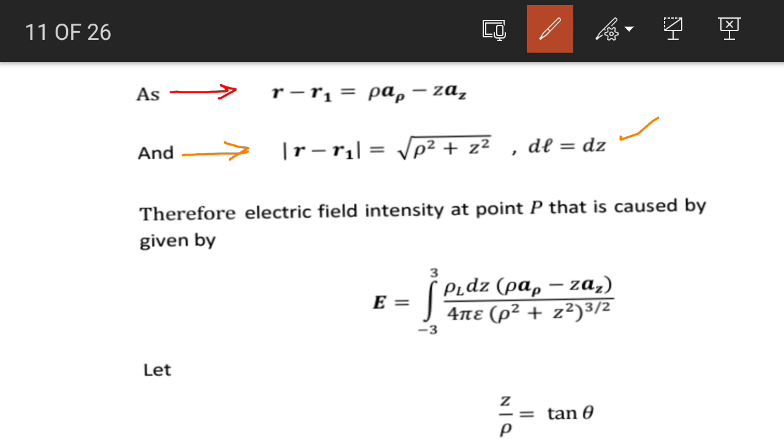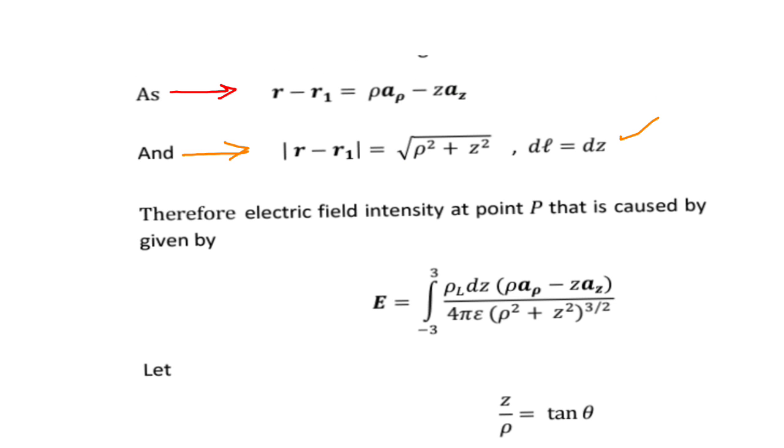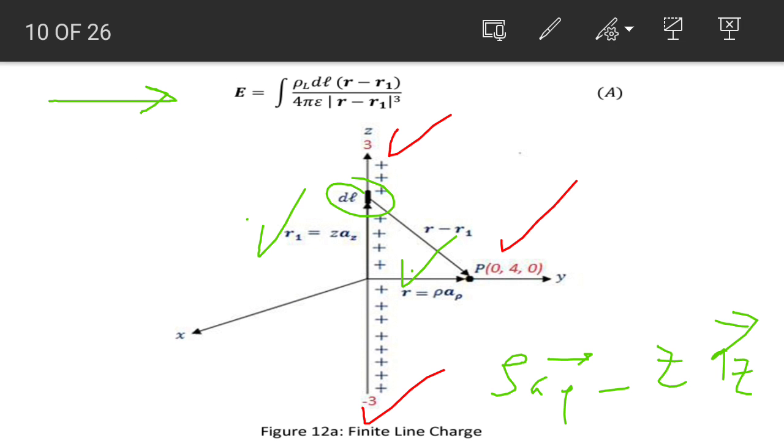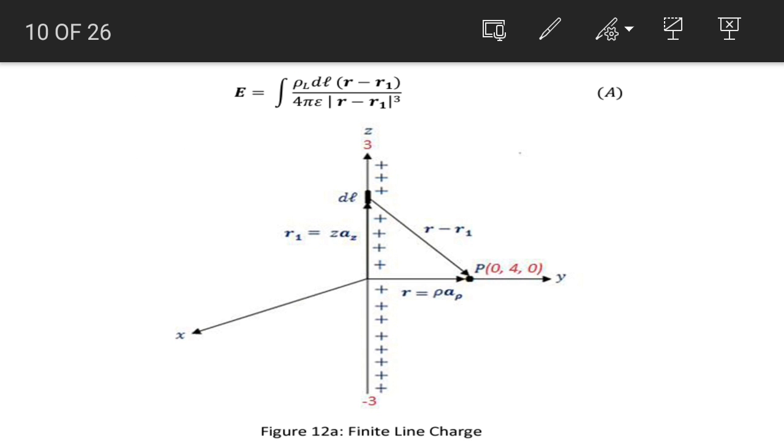So we put these values in the previous equation. Let us put the values in this particular equation.